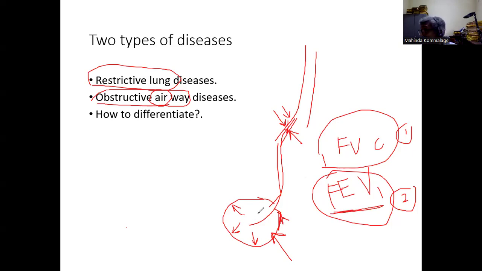In restrictive lung disease, if there is a restriction here, which one will be affected more? If there's a restriction, the lung alveoli cannot expand. That means restriction. Which one will be affected, the first one or the second one?